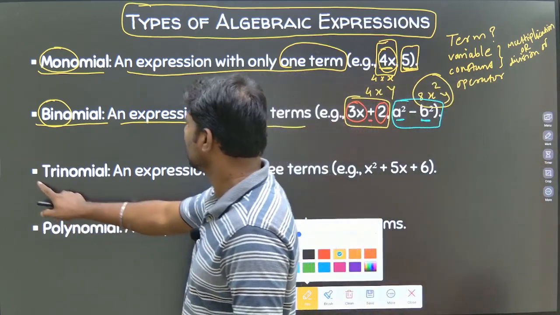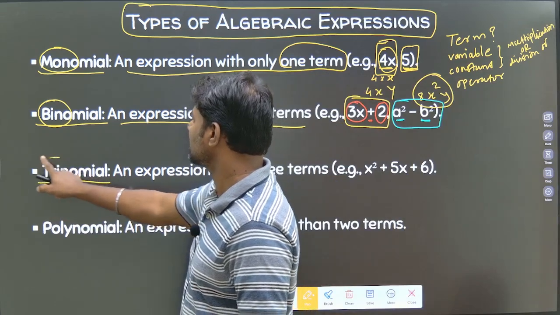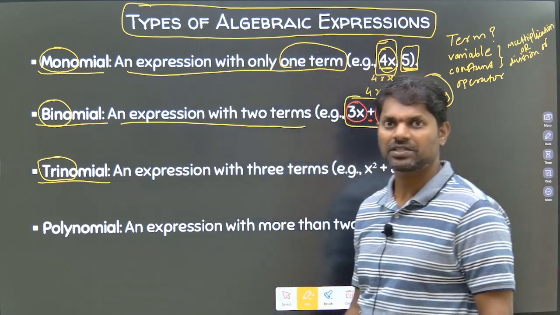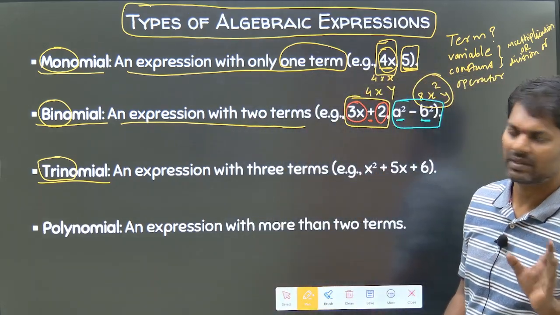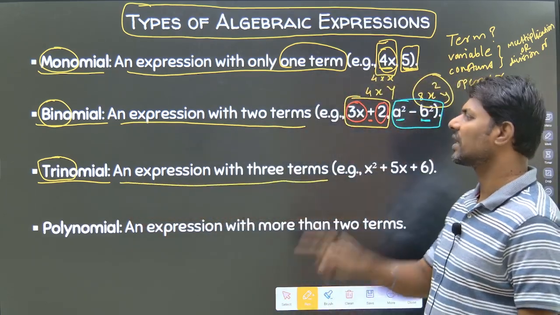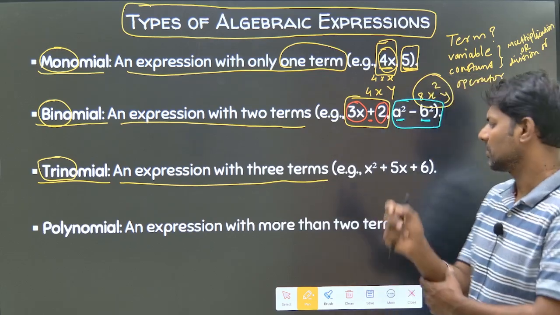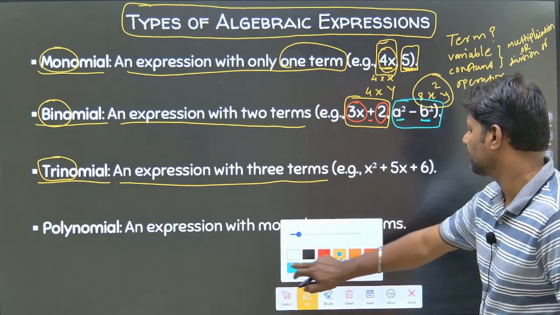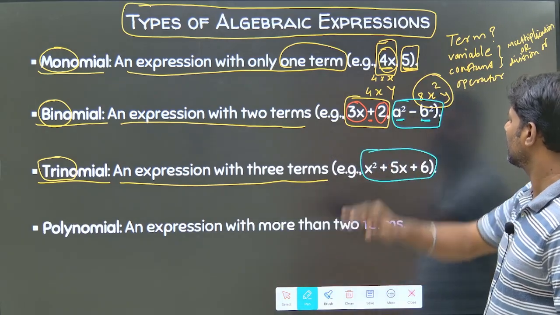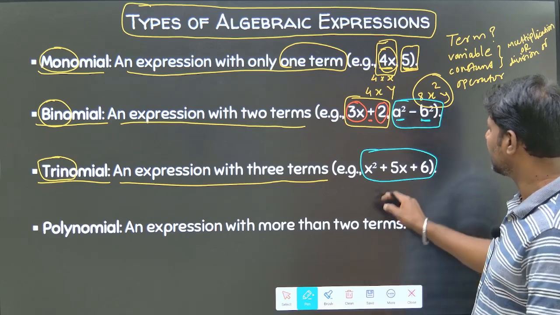Next, trinomial. Tri means three terms are there. The expression which contains three terms. An expression with three terms is called a trinomial. So let's see the example. This is an example which contains three terms.